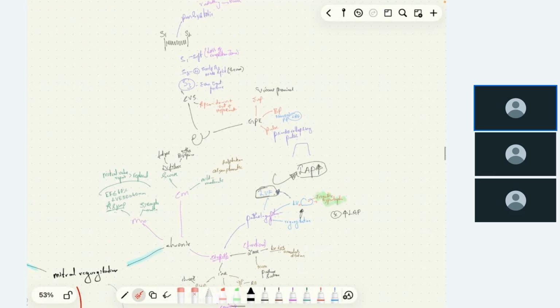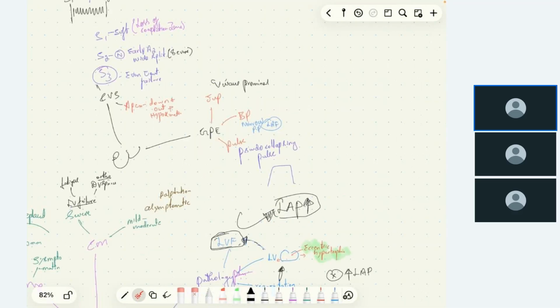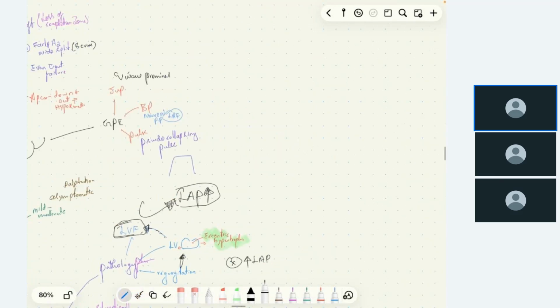So what are the clinical manifestations? What are the examination findings that we see in mitral regurgitation? In general physical examination, while we check the pulse of the patient, we have pseudo collapsing pulse. Let me break down what is pseudo collapsing pulse for you. I told that during contraction, systole, there is increased blood going into the left atrium.